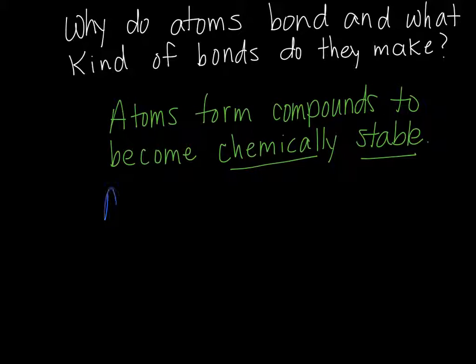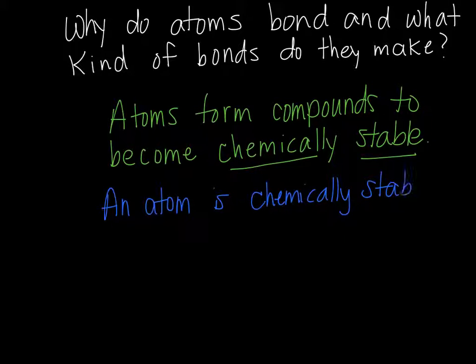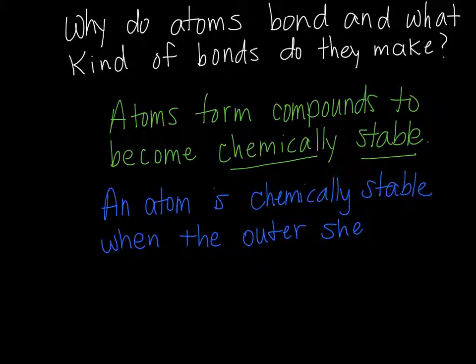An atom is chemically stable when the outer shell is full. We're talking about electrons now, just like we did with our Bohr models.